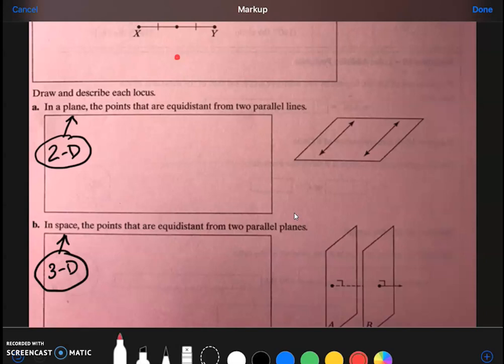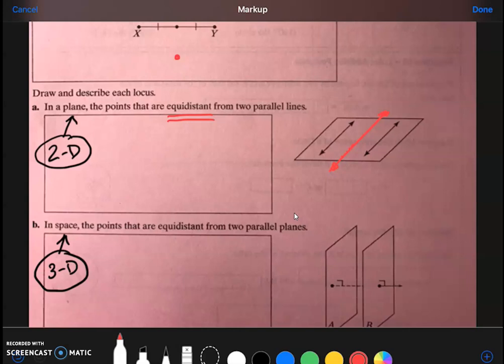For part A, the points that are equidistant from 2 parallel lines. Equidistant, of course, means equal distance. Those are the parallel lines. As you can imagine, you basically want all the points, and if I just connect all these points, it makes a straight line. This straight line is right in between the 2 parallel lines, and it's parallel to the original lines itself, so that is the answer.